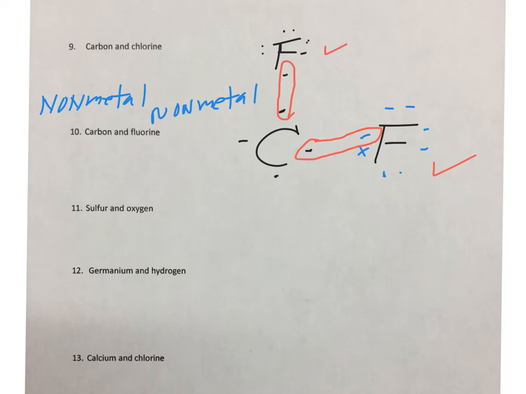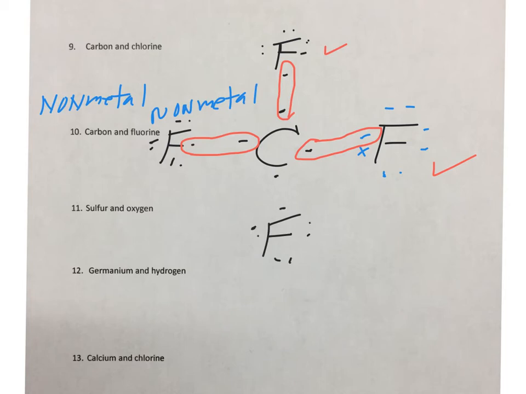Has carbon given away all of its electron dots? Nope. So we need to add another fluorine. Here's 1, 2, 3, 4, 5, 6, 7. So we're going to have a sharing of electrons right there. And now carbon has another valence electron that it wants to share.